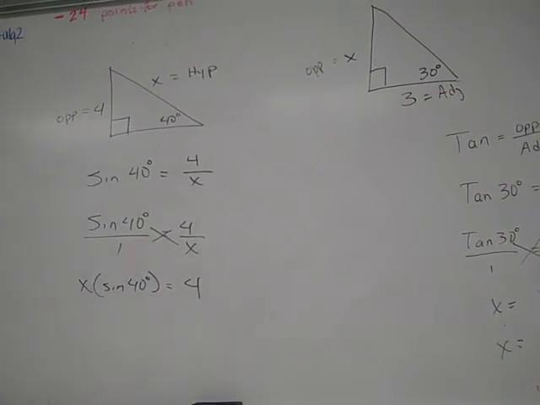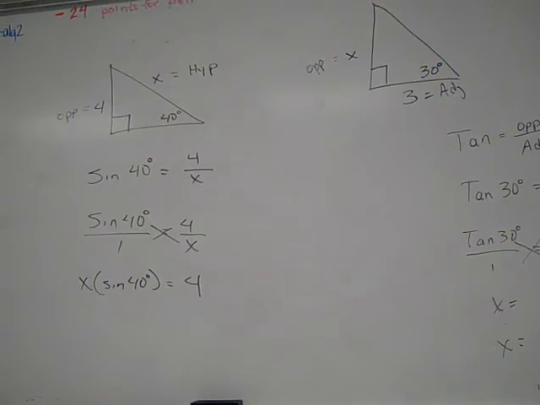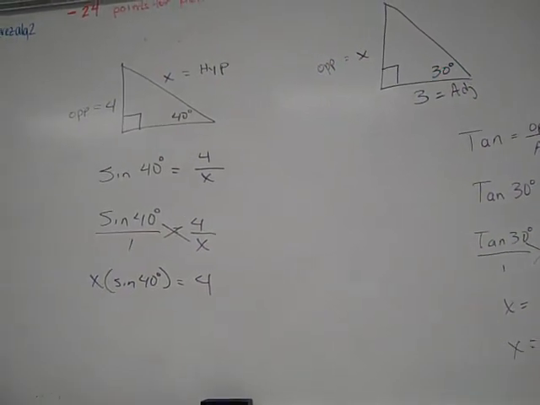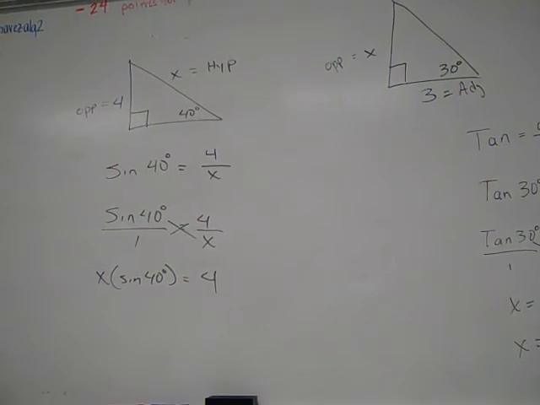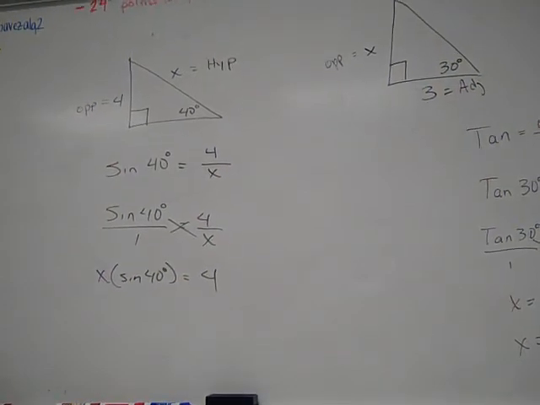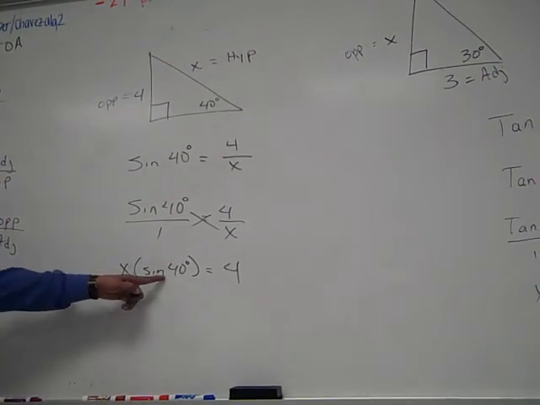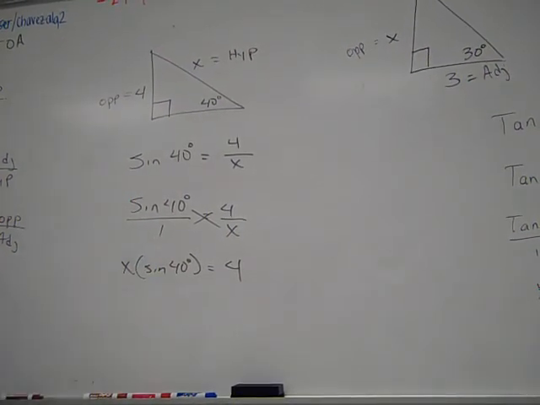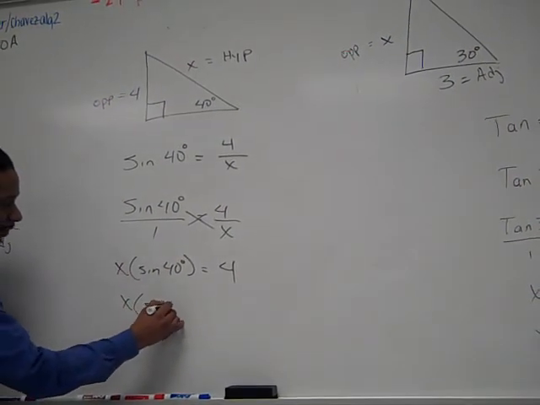Now what? 4 equals x times sine 40. Now I'm still trying to get x. I don't have x by itself. What do I have to do? Raise your hand. Do not yell out. Yes? Divide sine for both sides. Wait, you have to say the whole thing. Divide sine 40 by both sides. Thank you. Very good.